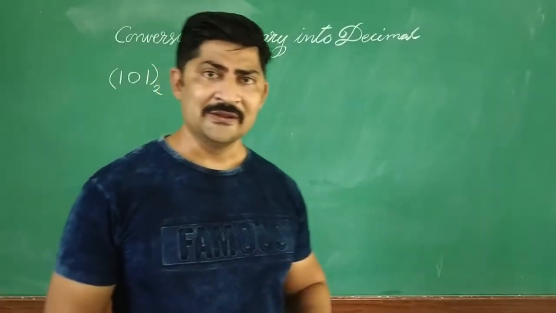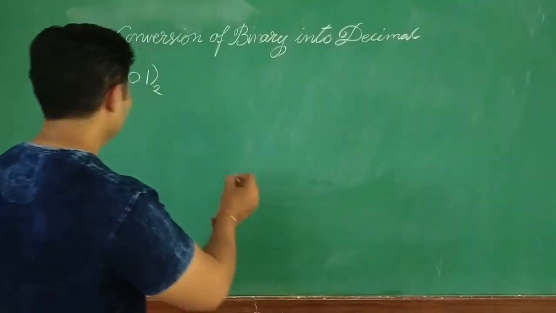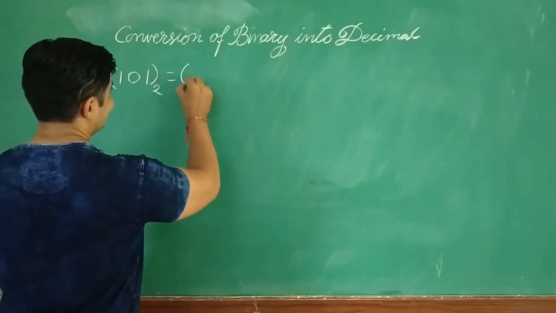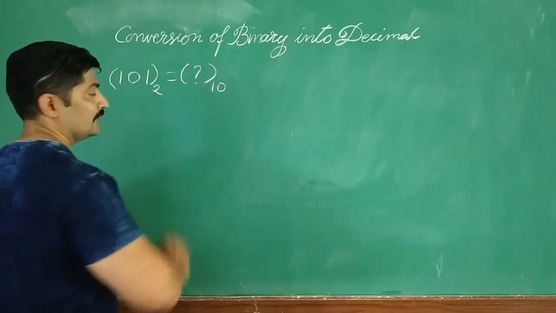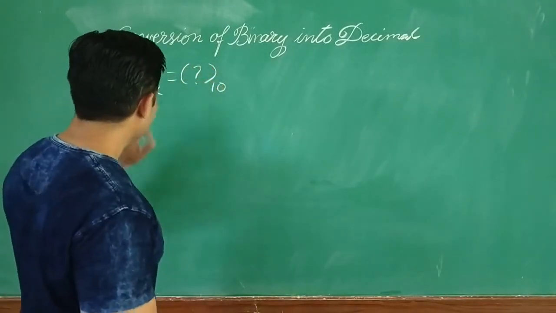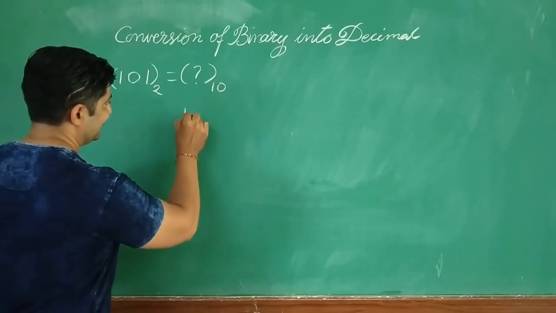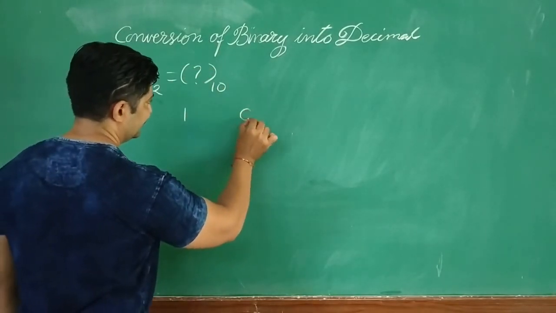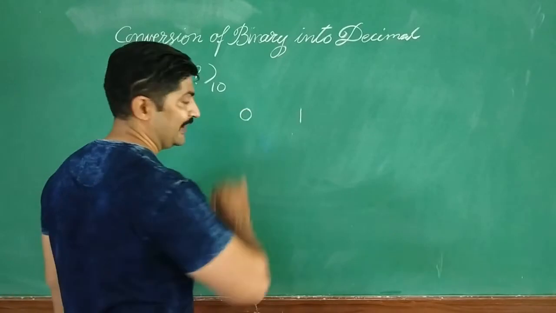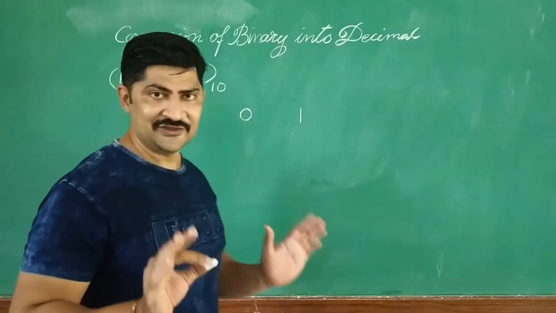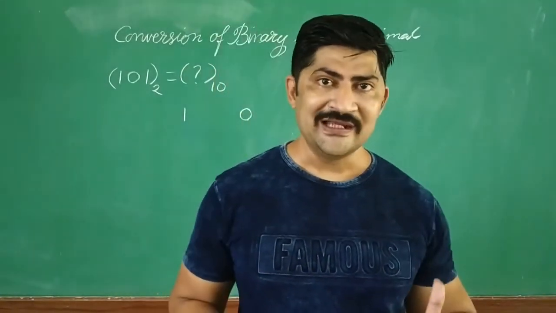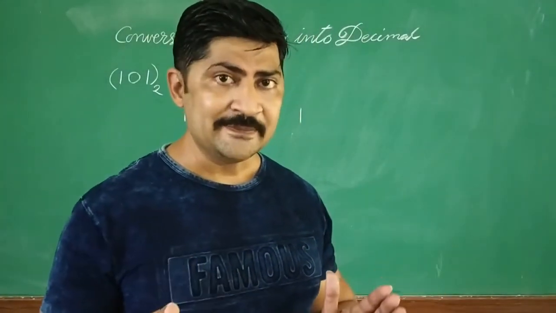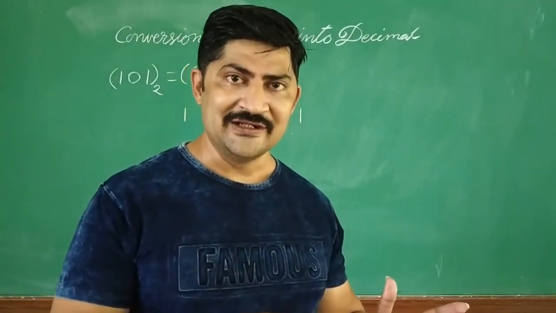It's very simple. First thing is, the question will be asked like this way. Okay? So first, I will write this number separately. 1, 0 and 1. Okay? First step. Next step. Since the base of binary is 2, I will multiply each and every digit with 2.